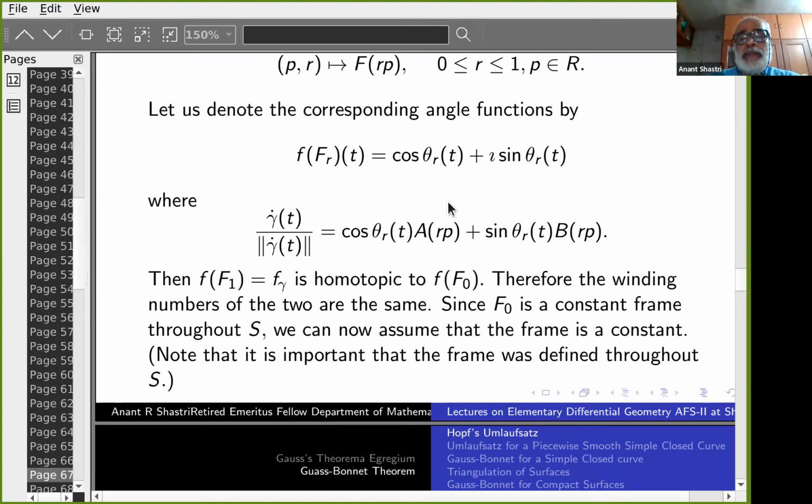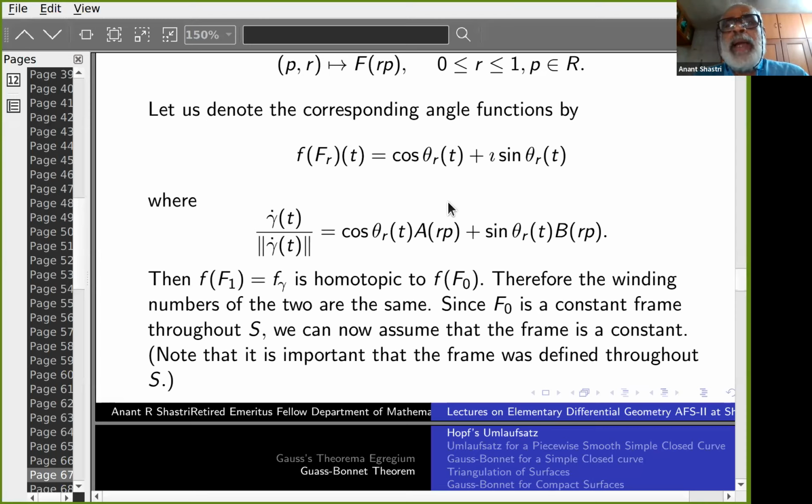Okay, I think I will stop here, and next time we will prove this theorem for the simplest case, namely a plane curve, where we are measuring the angle with respect to a constant direction. So the hypothesis is that now we have a plane curve which is a simple closed curve.